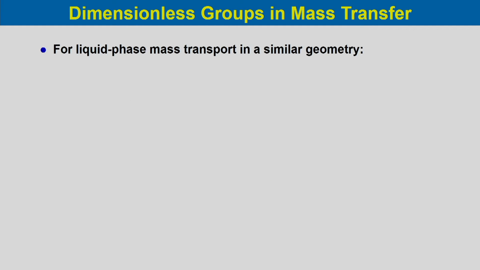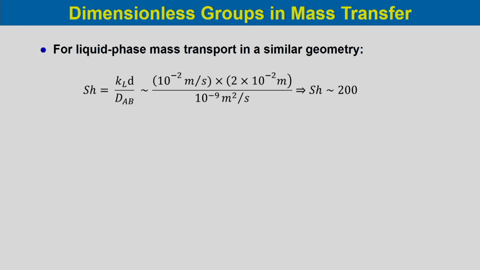Now, for liquid phase mass transport in a similar geometry, we can calculate the Sherwood number as KL D by DAB. So, KL is 10 to the power minus 2 meter per second and D is given as 2 into 10 to the power minus 2 meter, and then the diffusivity in the liquid phase is in the range of 10 to the power minus 9 meter square per second, which is about 4 orders less compared to the gas phase diffusion coefficient.